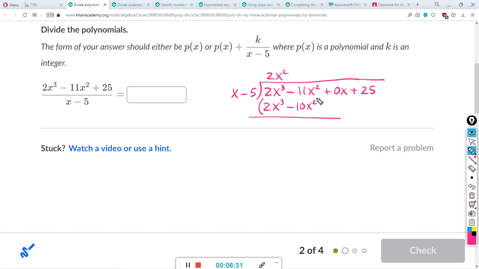Subtract using parentheses. Okay, 2x to the third minus 2x to the third is 0. Negative 11x minus negative 10x, the two negatives make it positive. Okay, and it's just negative 1x squared. Bring down the next term.